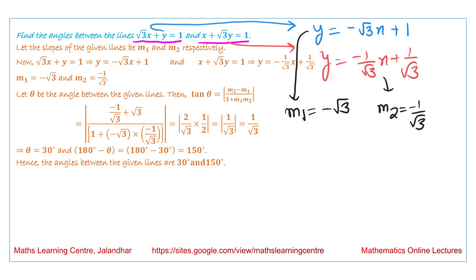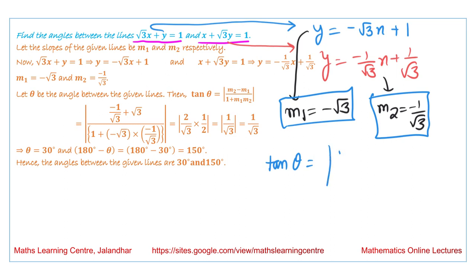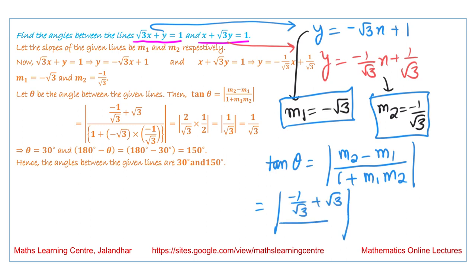Now we have to calculate the angle between the two lines whose slopes are given. So we are writing tan theta is equal to mod of m2 minus m1 divided by 1 plus m1 m2. So it is mod of minus 1 by root 3 plus root 3 divided by 1 plus minus root 3 into minus 1 by root 3. The answer we obtain is mod of 2 by root 3 into 1 by 2, which is 1 by square root 3.